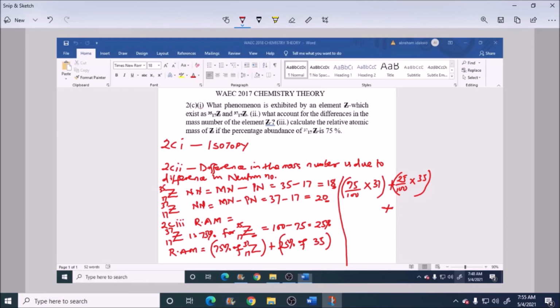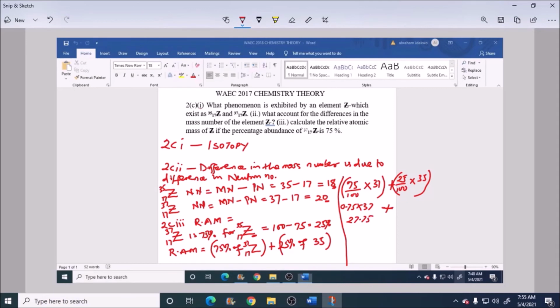So when we calculate it, we are going to have 0.75 times 37, then the answer here is 27.75.